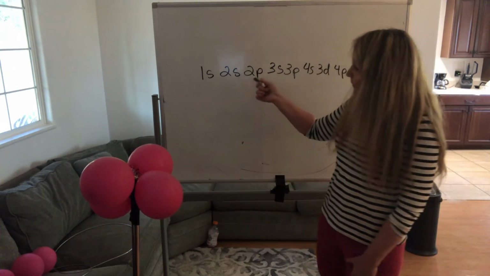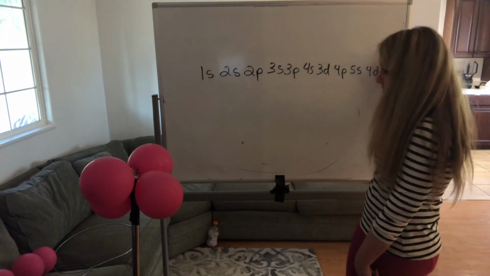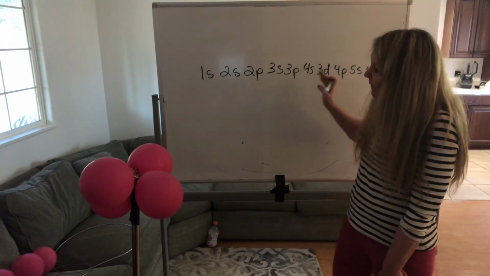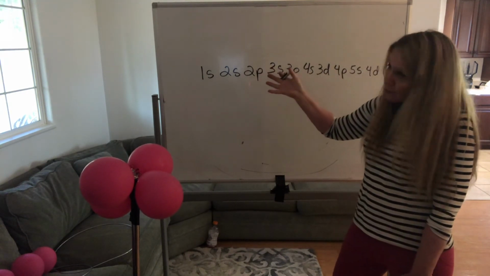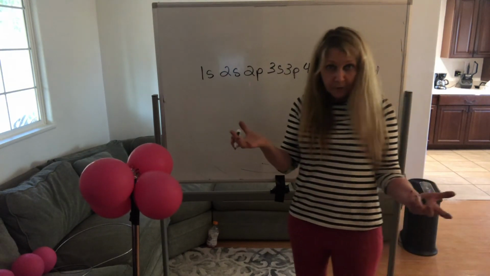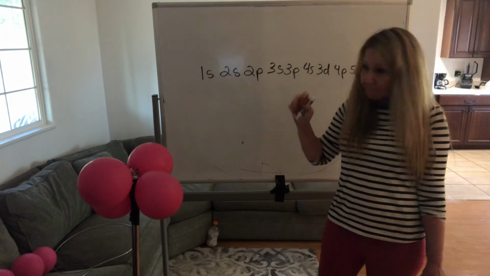Now, if you only get to like 2p and you run out of electrons, you don't have to write the rest, so you're going to erase the rest of this. Let's say we're going to write the electron configuration of helium, for example. Helium has 2 electrons, that's it.